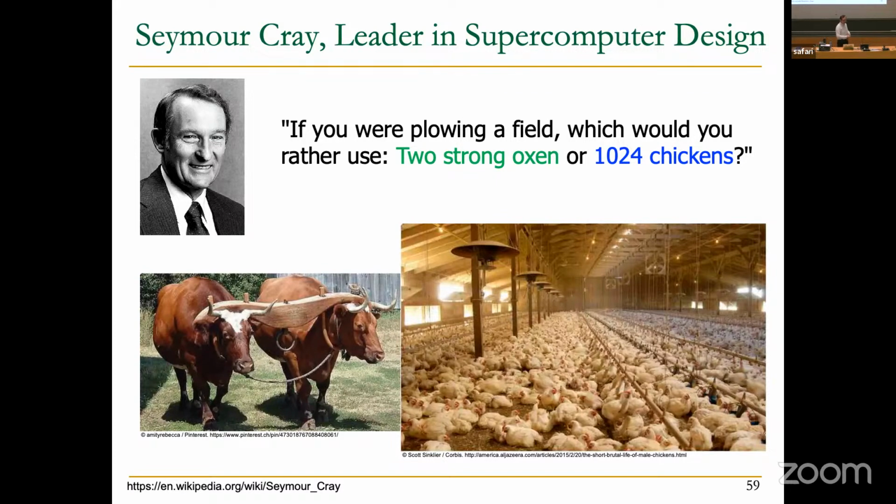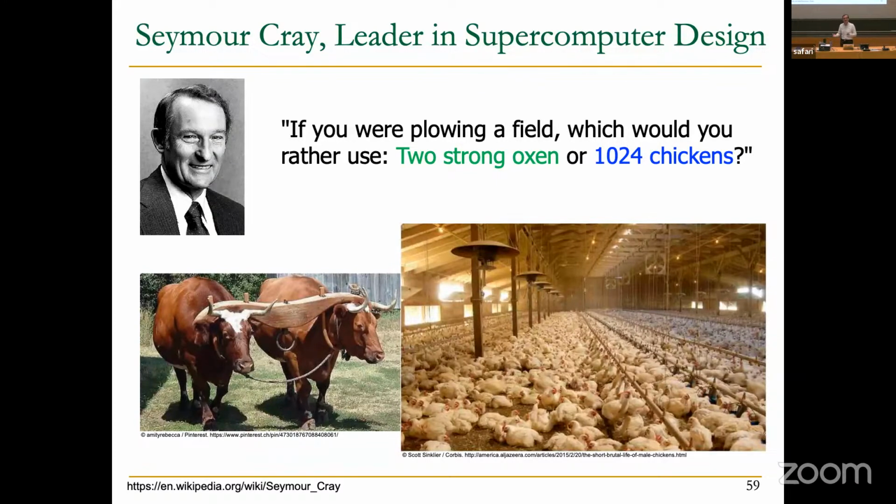Basically, maybe plowing a field, these guys are better. They know what they're doing and they're higher performance, right? And they can be a lot more energy efficient also, as we've discussed yesterday, right? Because they finish the job much earlier, whereas these chickens will run around and they will never finish the job. So you'll be expending energy on the chickens forever. And then eventually you decide to eat them, maybe, I don't know, maybe not. But basically they will never finish the job, right? Okay, so this is the joke of it.